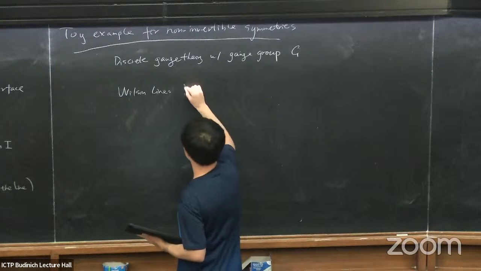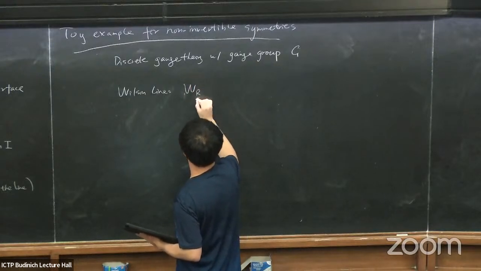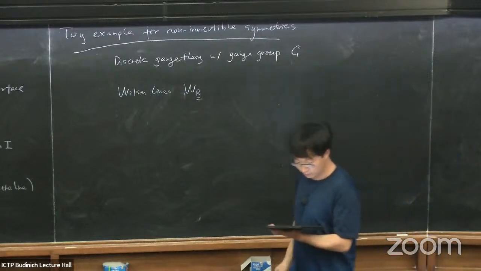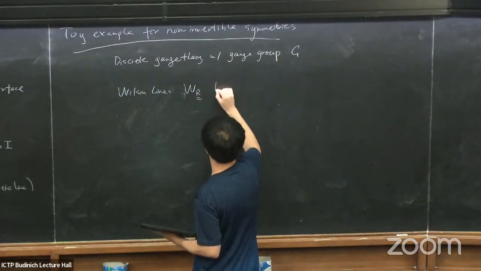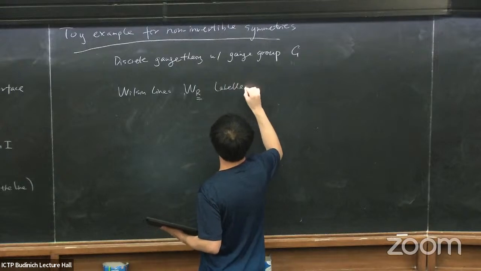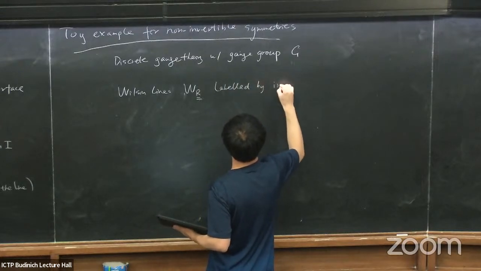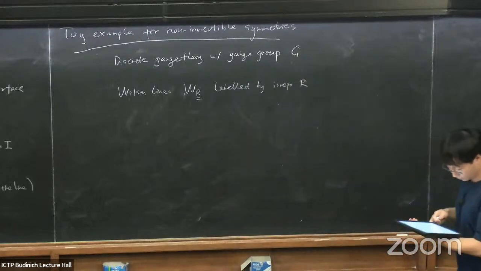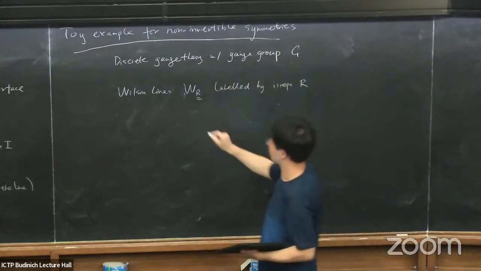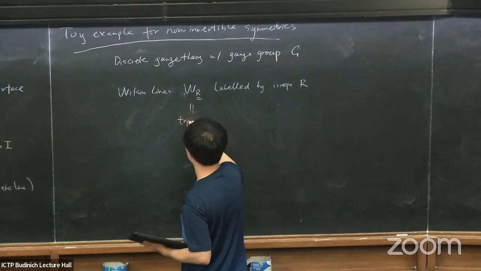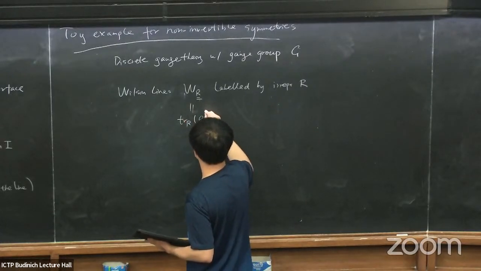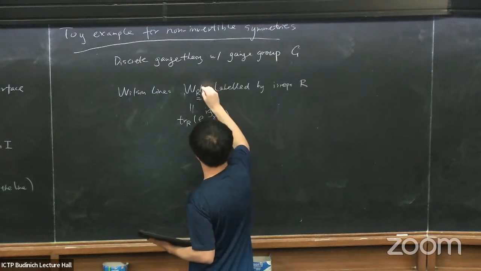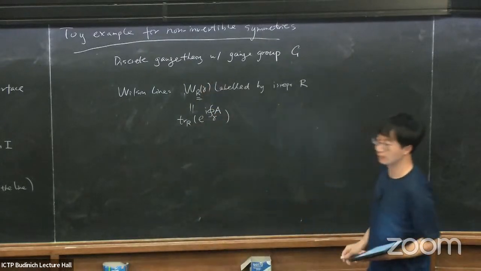They are labeled by representations of the corresponding group. In particular, the indecomposable Wilson lines are labeled by irreps of the group. Explicitly, you can write them in terms of the exponential of your gauge field over a curve, as follows.